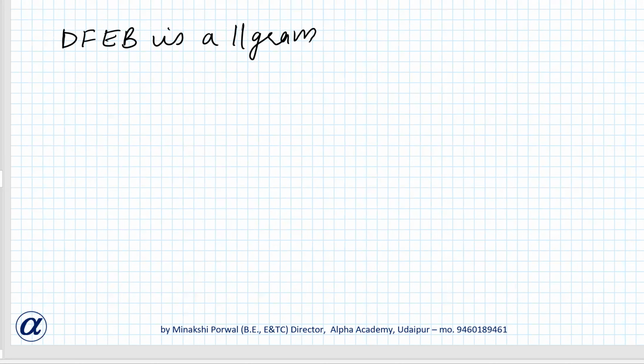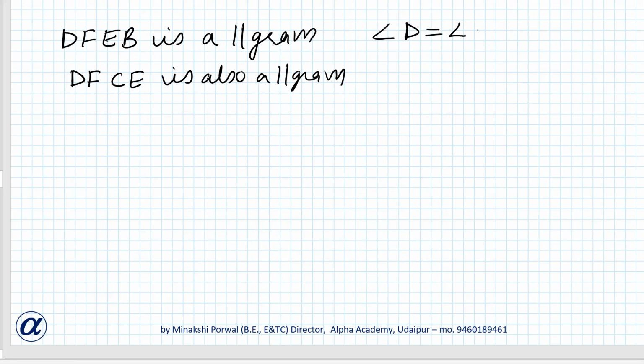Okay. First of all, we'll write all the parallelograms. So DFEB is a parallelogram. DFCE is also a parallelogram. Okay. Now, if DFEB is a parallelogram, angle D equals angle C, opposite angles of a parallelogram. DFB is a parallelogram and DFC is also a parallelogram.